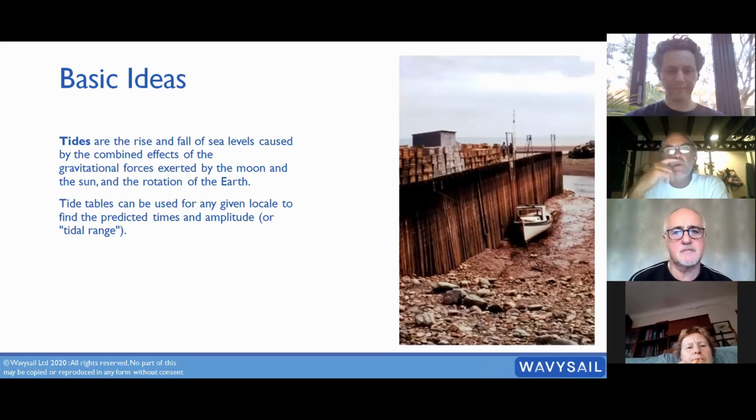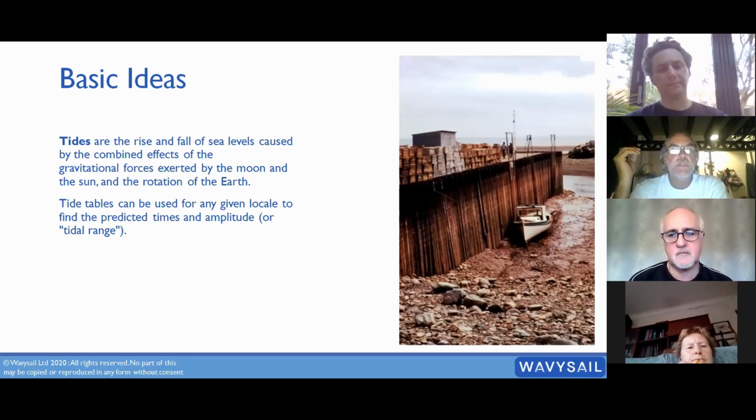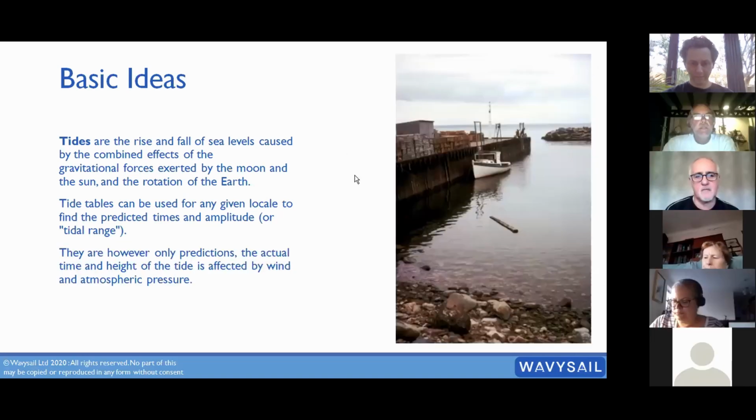Tide tables can be used at any given locale to find the predicted times or amplitude. That's the tidal range, how much it comes in and goes out. However, these are only predictions, guys. The actual tidal height and the effect of the tide, wind, atmospheric pressure, all that sort of thing can adjust them.